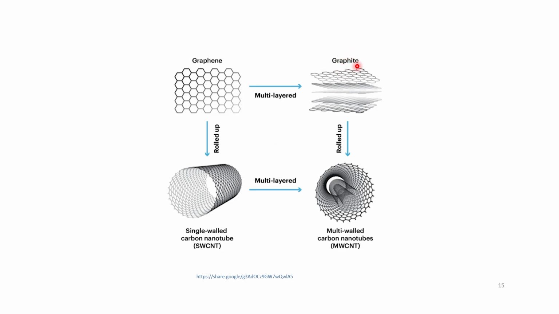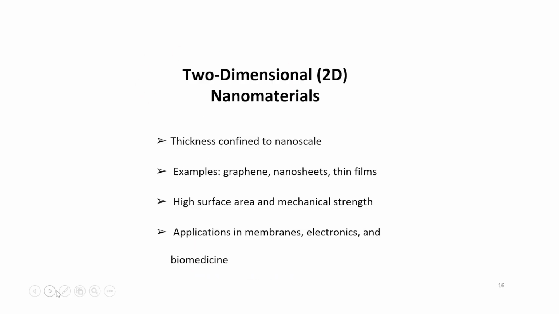But if you roll up a graphite sheet, you will obtain multi-walled carbon nanotubes. That is how single walled and multi-walled carbon nanotubes are formed. So you see how various structures can be formed from this two-dimensional graphene.